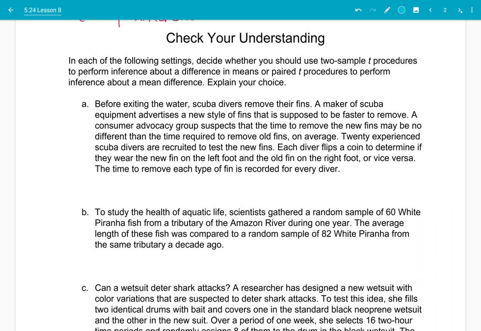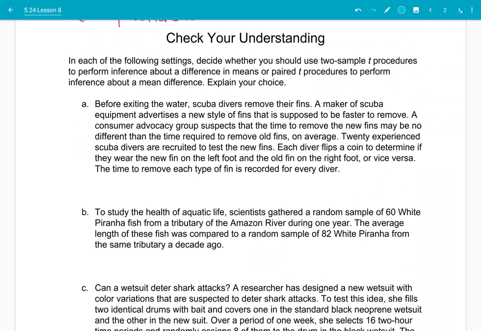A consumer advocacy group suspects that the time to remove the new fins may be no different than the time required to remove the old fins, on average. 20 experienced scuba divers are recruited to test the new fins. Each diver flips a coin to determine if they wear the new fin on the left foot and the old fin on the right foot, or vice versa. The time to remove each type of fin is recorded for every diver.